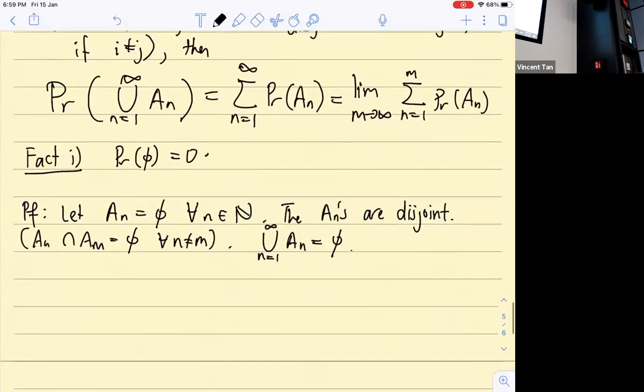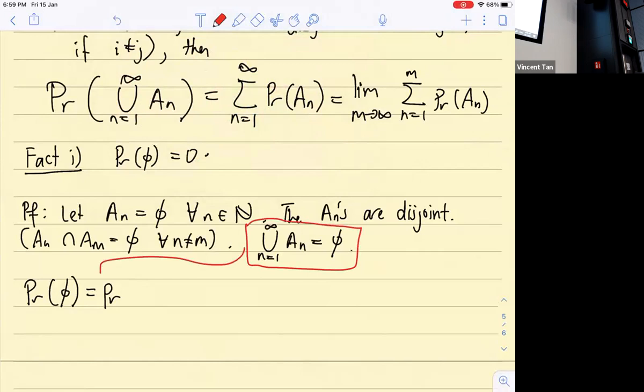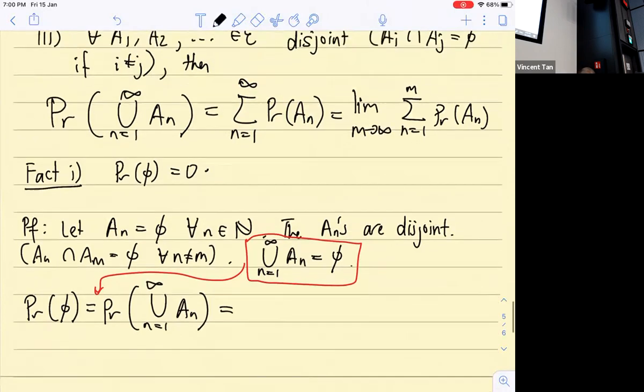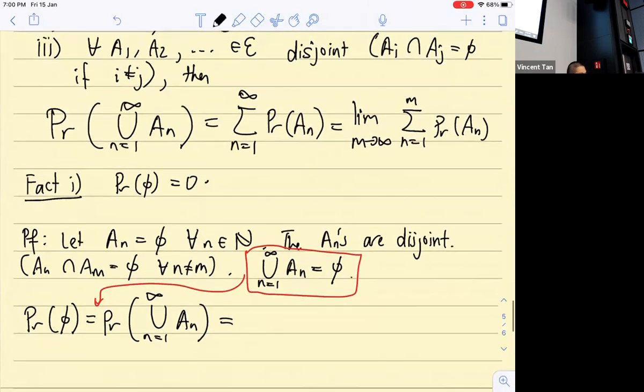Now let's consider the probability of the empty set. By using this relation here, what we get is that this is equal to the probability of the union of A_n, n equals 1 to infinity. Now all the A_n's are disjoint, so we are going to use part 3 of the probability rule.